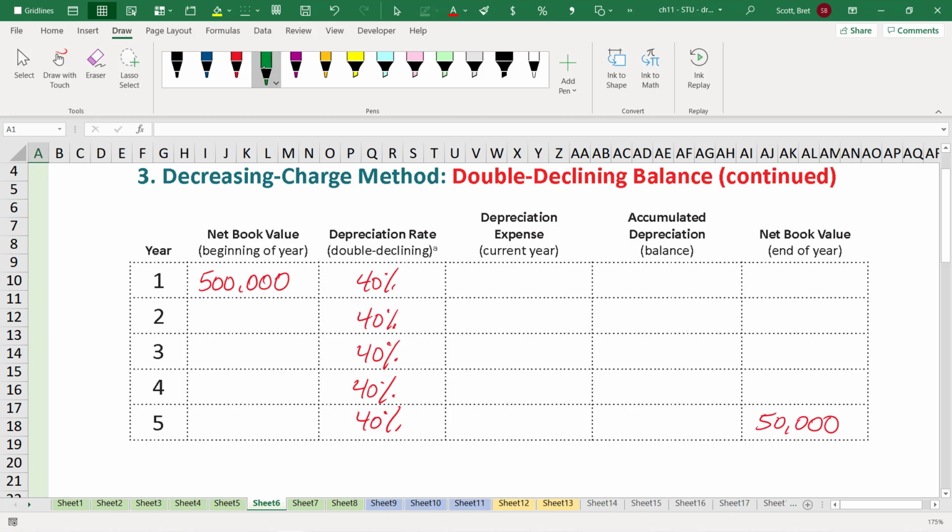500,000 times 40% equals $200,000. And that is the depreciation expense for that first year.